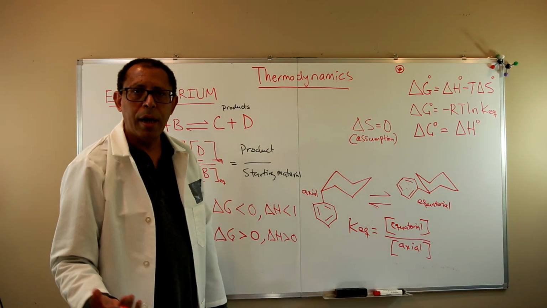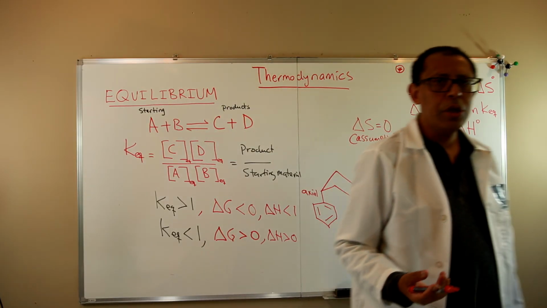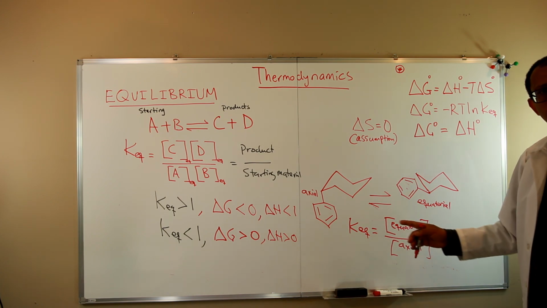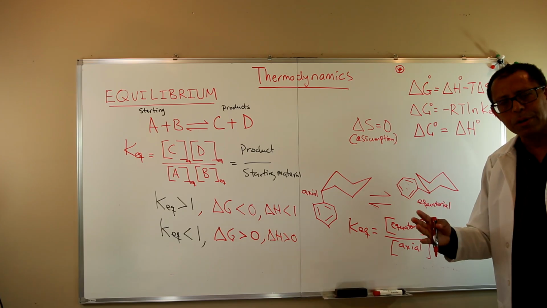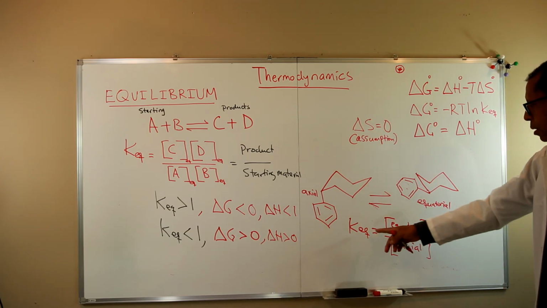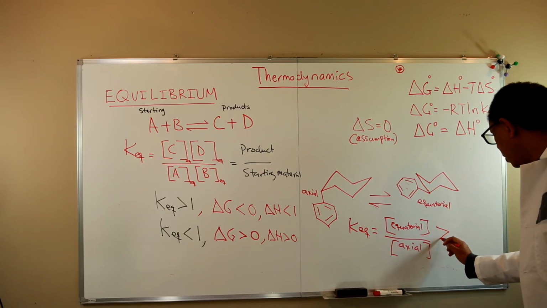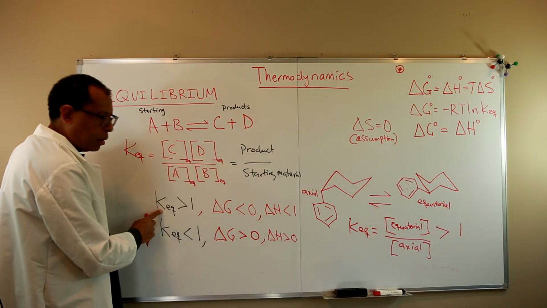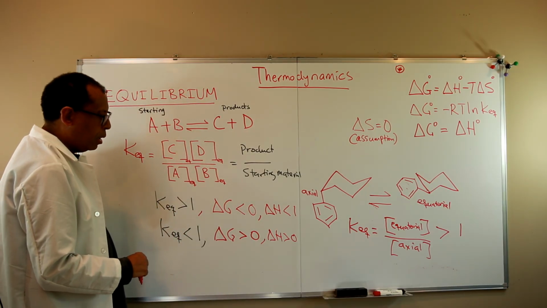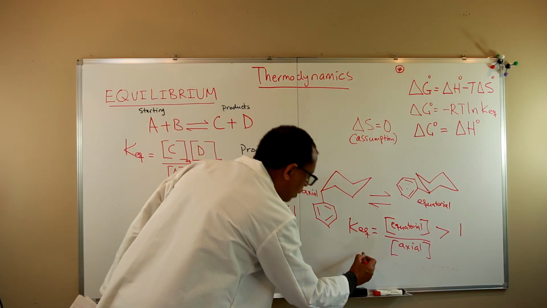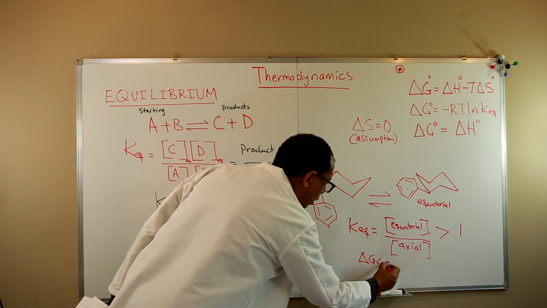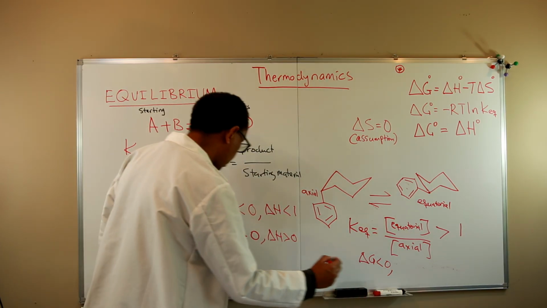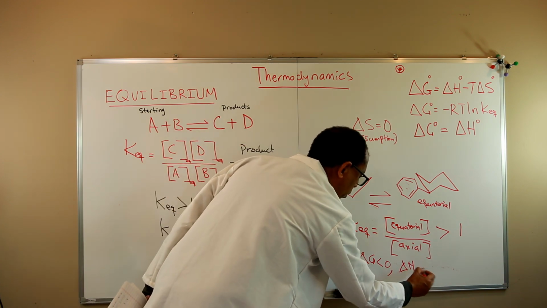From your cyclohexane conformation studies in previous chapters, we have said that equatorial substituents are much more favorable than the axial ones. Therefore, this K equilibrium is greater than 1, which is the situation you see here. That means delta G of this system is less than 0, exothermic, as well as delta H is less than 0.